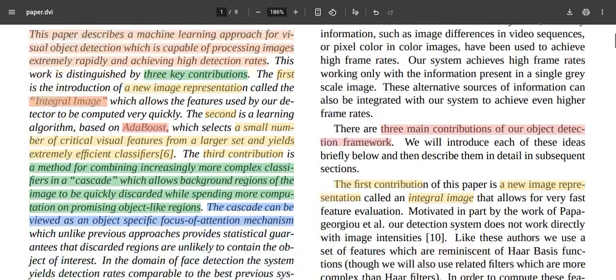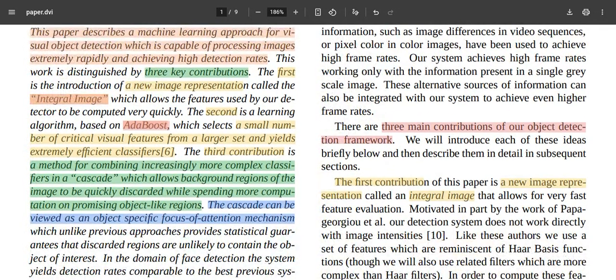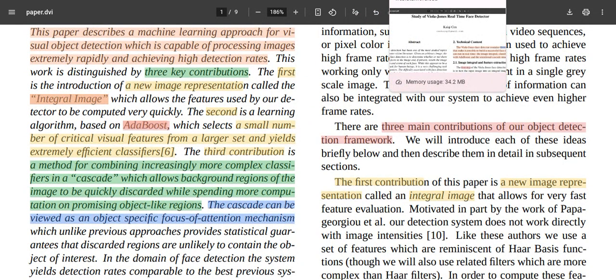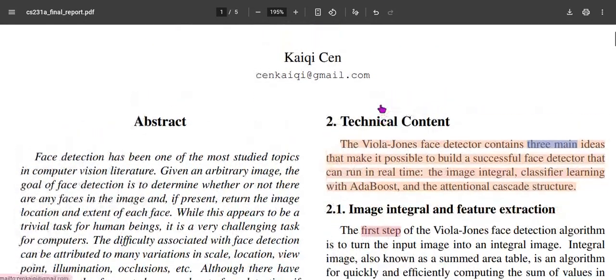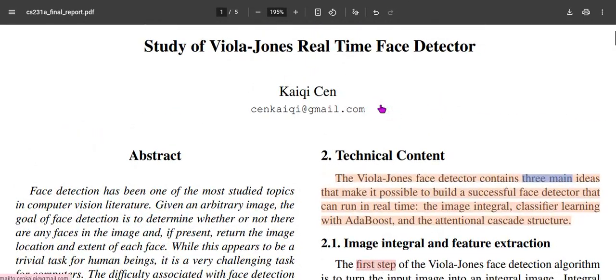The final contribution is combining different sets of classifiers in a cascading stage so that false positives are minimized. These three contributions are nicely explained in this paper, a study of the Viola-Jones real-time face detector.